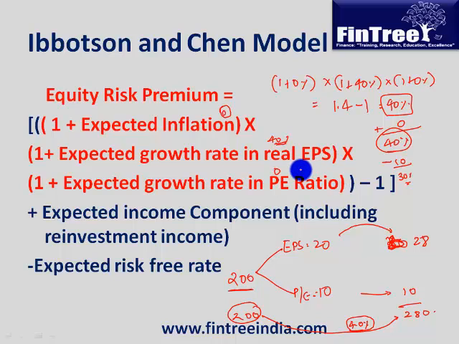Now I can say that my EPS from 20 became 28, but that entire 40% is not because of pure increase in earnings. Inflation is also increasing. So now let me say that inflation was actually 20%. So if inflation was 20%, how much is the real earning growth rate in EPS?